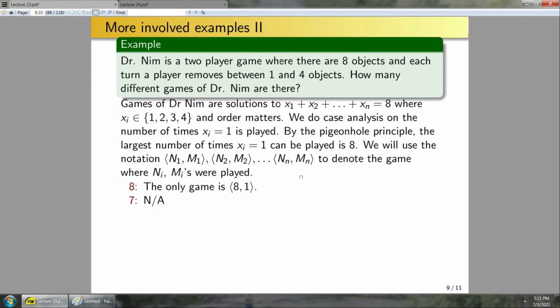So next up, 6. If number 1 is played 6 times, the only possible game left over is that the final remaining play has to be a 2. So the only games are the games where 6 1s are played and 1 2 is played.